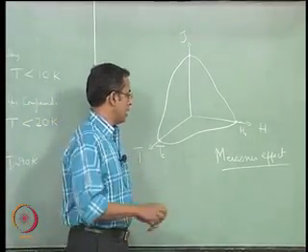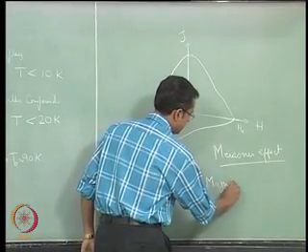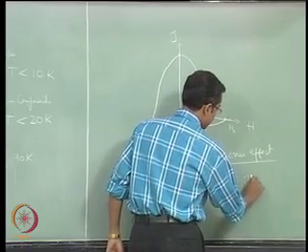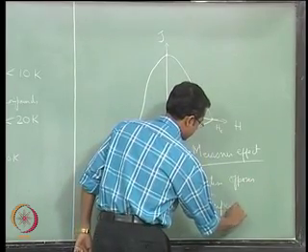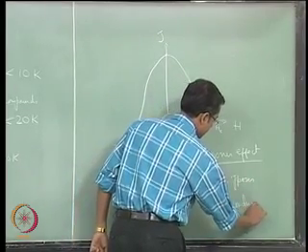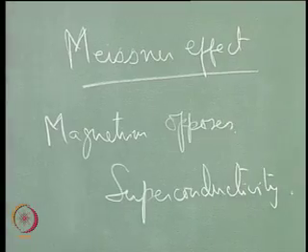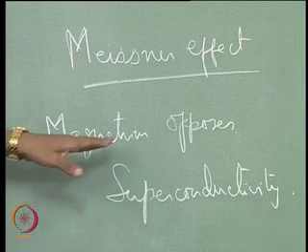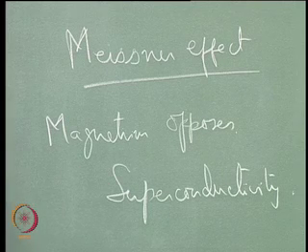And importantly, magnetism opposes superconductivity. Something about what magnetism requires of a material is opposed to what superconductivity requires of the material.